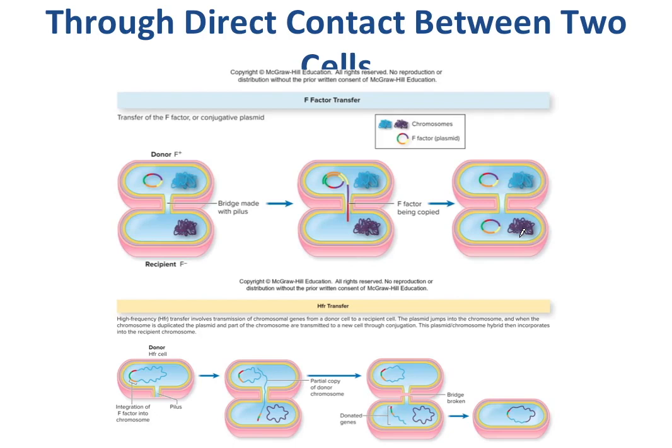Okay, and then the replicated copy will be transferred to the recipient cell, so that this plasmid fragment can be integrated into the recipient cell's chromosome. So high frequency transfer needs the plasmid to integrate with the bacterial chromosome. Okay.